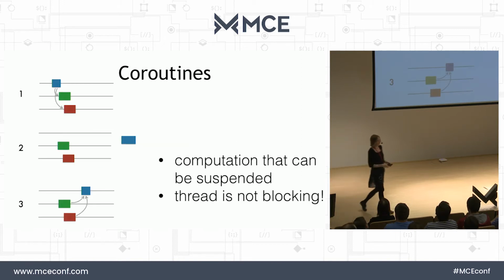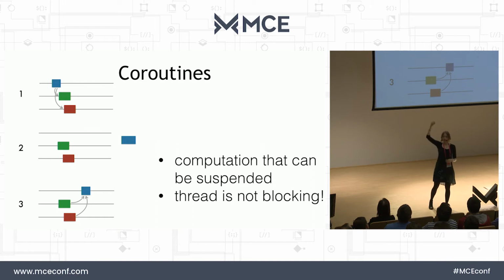And when we have coroutines, what is, in essence, the idea? Is that you can write your code like you wrote it in threads when you blocked threads, the first example. But now, instead of blocking the thread, you suspend the computation.